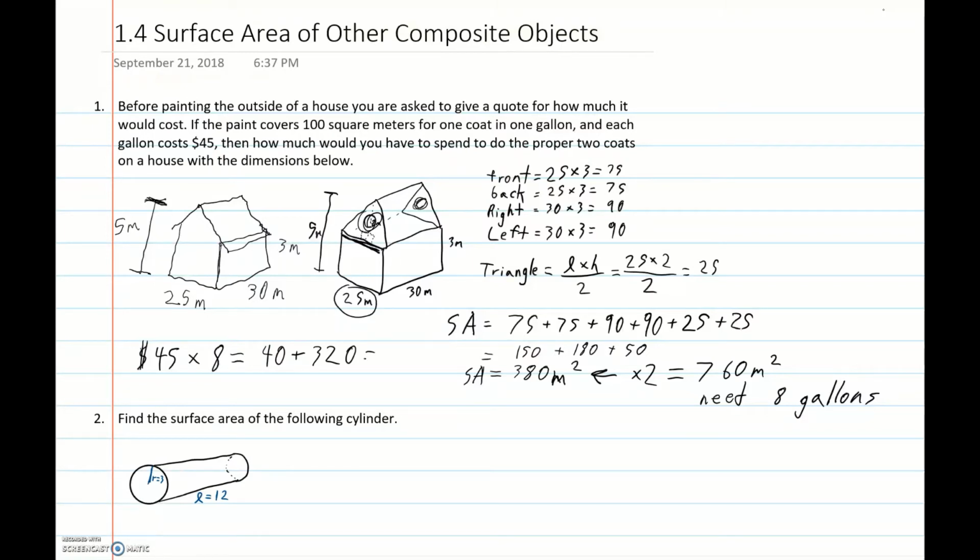There you go. So we add those together, and there's our number. So this is how much the paint would cost for our house.